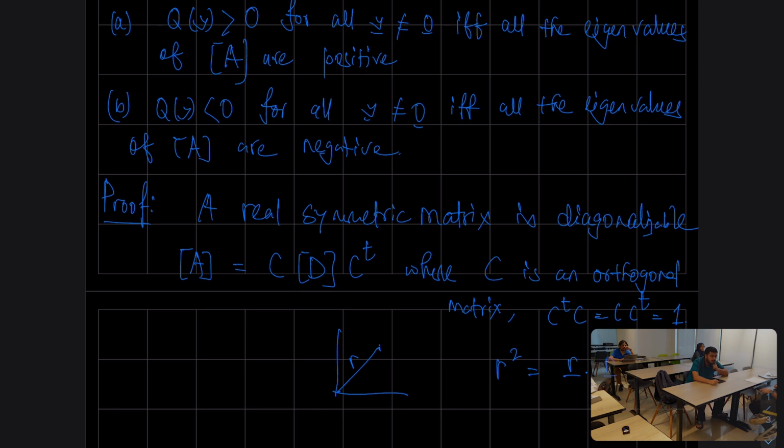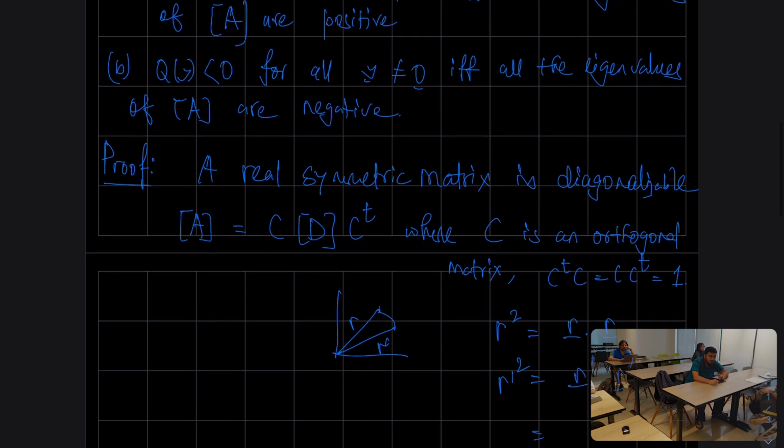Then if you rotate this vector to some other vector, say r prime, you have r prime square, which is r prime dot r prime. Because this is a matrix notation, one of them will be transpose, one will be row and one column. So this r prime is related to r by some C.